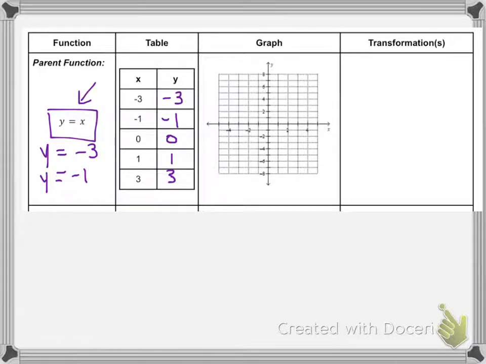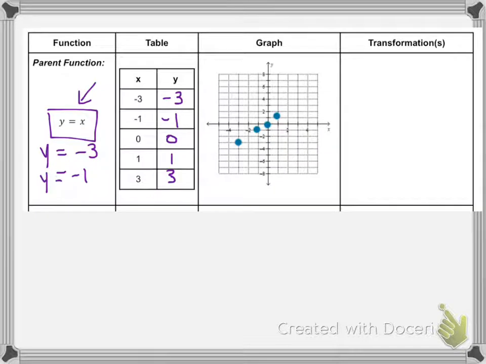Now I'm going to take these points from my table and plot them on my graph. The first one is -3, -3, so that's right here. Then I have -1, -1. Then I have 0, 0. Then 1, 1.